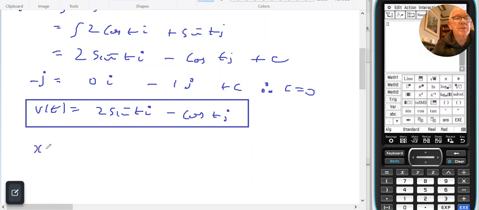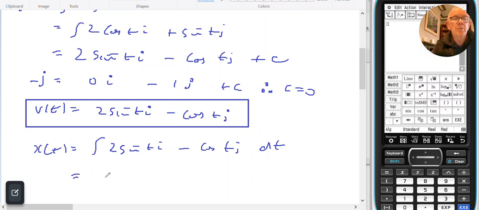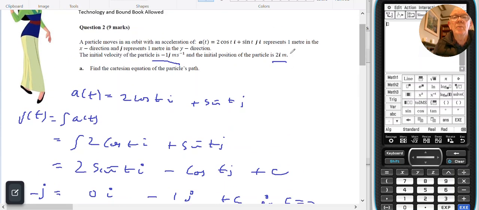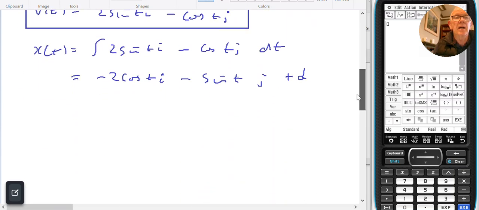And my position will be the integral of 2sin(t) i - cos(t) j dt, which will be -2cos(t) i - sin(t) j plus some d. And I'm told that the initial position is 2i.